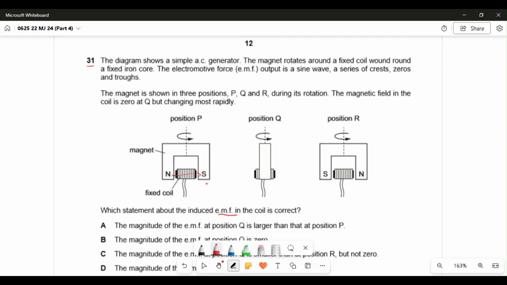So the change in magnetic field from maximum to zero is happening at maximum rate. So the magnitude of the EMF at position Q is larger than at position P. That seems to be correct.